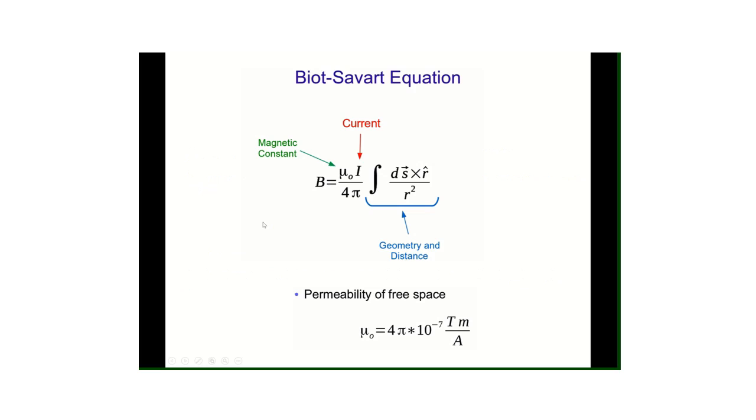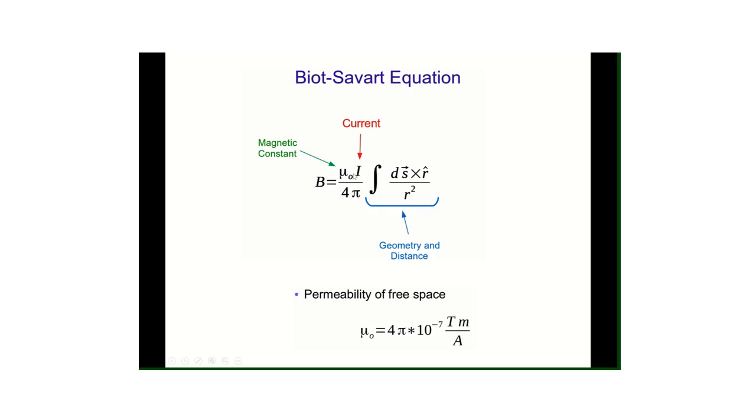If we see more detail here, the magnetic field strongly depends on some parameters. The first parameter is magnetic constant or μ0. μ0 is permeability of free space, and the value is constant, which is equal to 4π times 10 to the power of -7 Tesla meter per ampere.